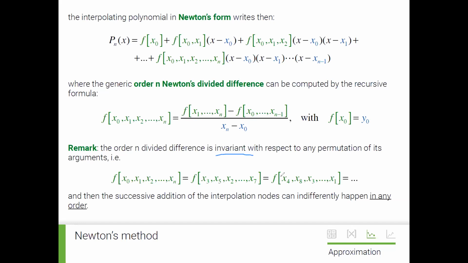You can change places, but the value will be the same. Or you can see the next permutation. Is it clear? When we do any permutation, the value will be the same for the order n Newton's divided difference.